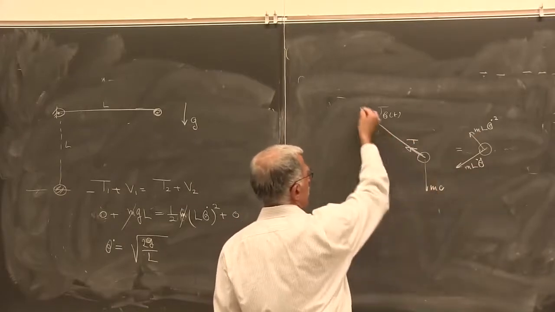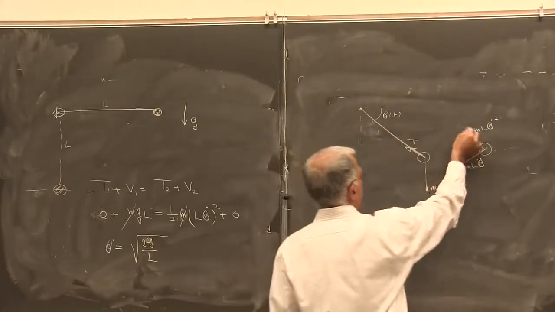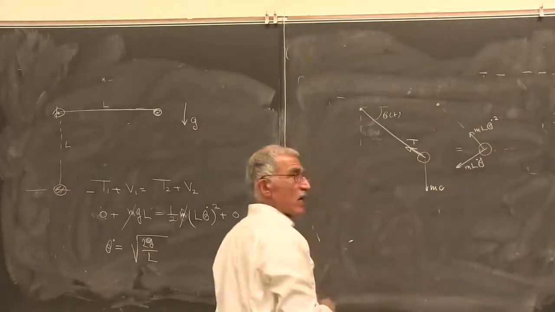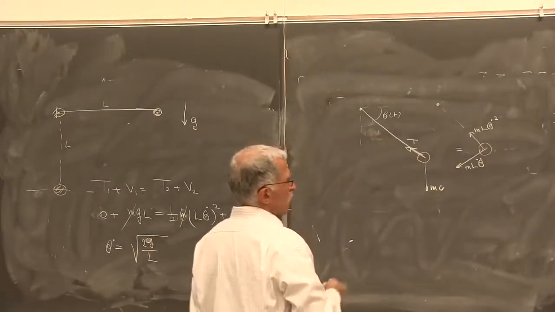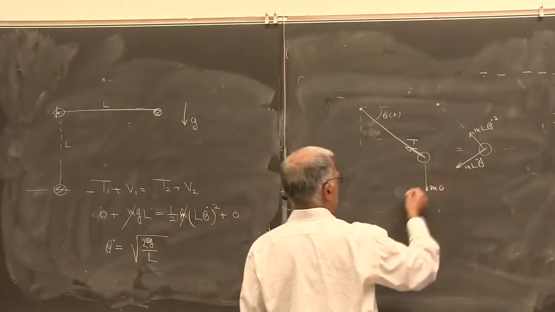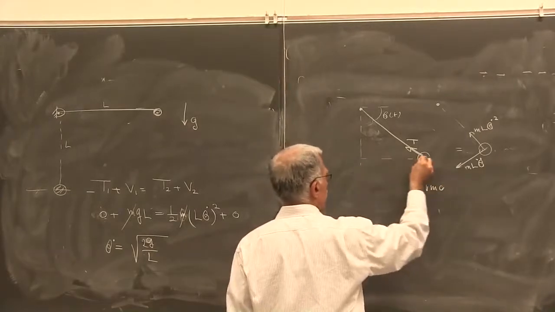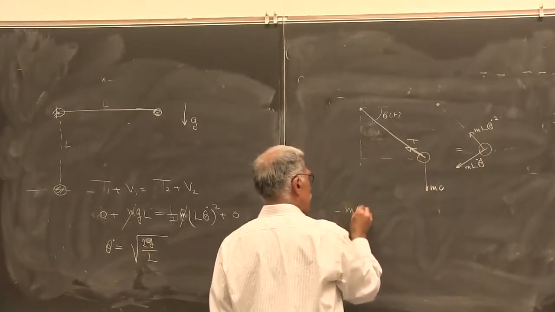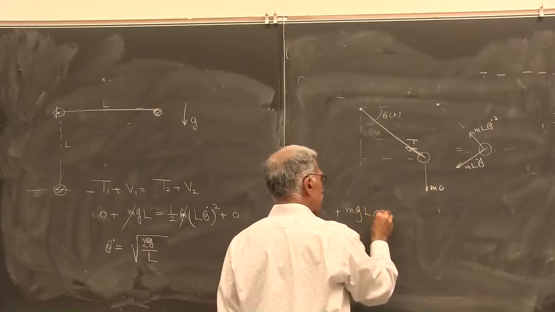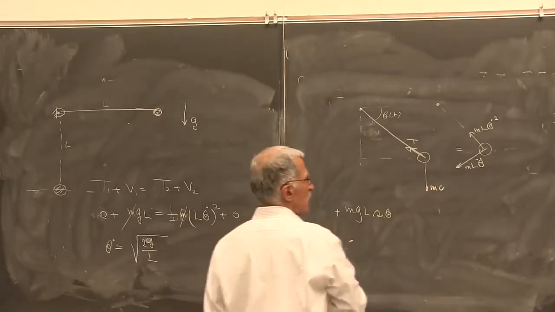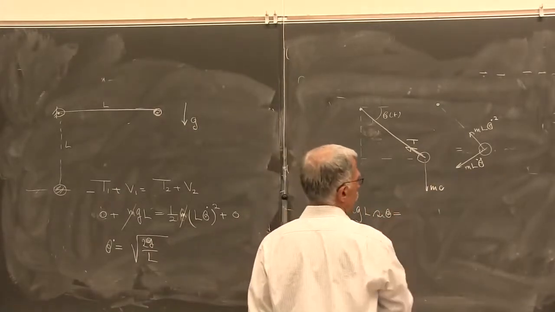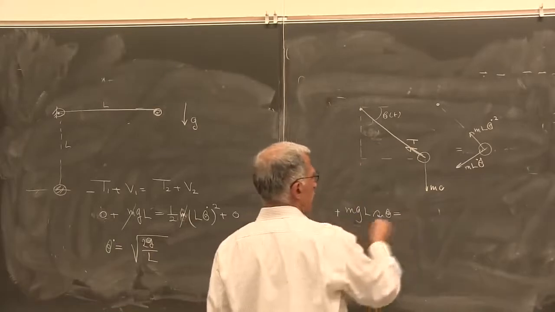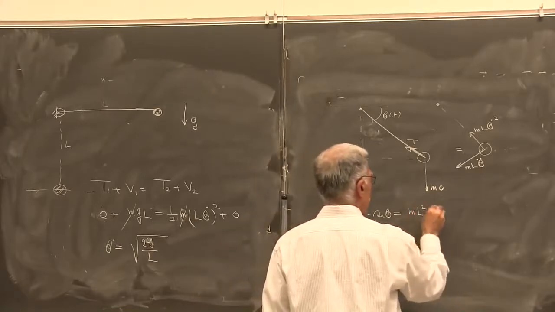Whatever you do to this picture, you do to this picture. If I take the moment with respect to this point, and I do the same thing with respect to the same point here, I have my equation of motion. Taking clockwise positive, minus mg L sine theta is equal to ml squared theta double dot.